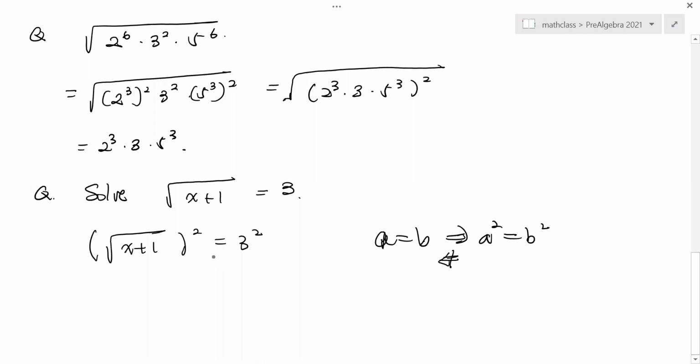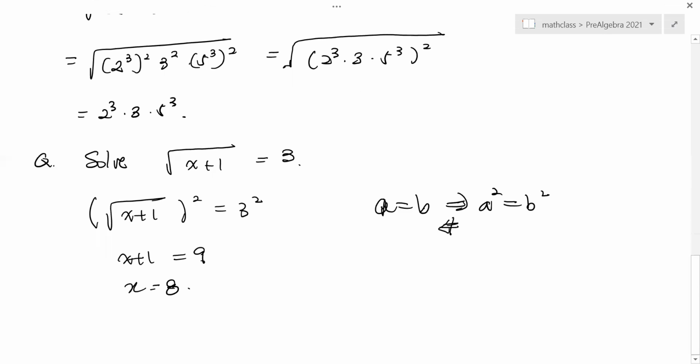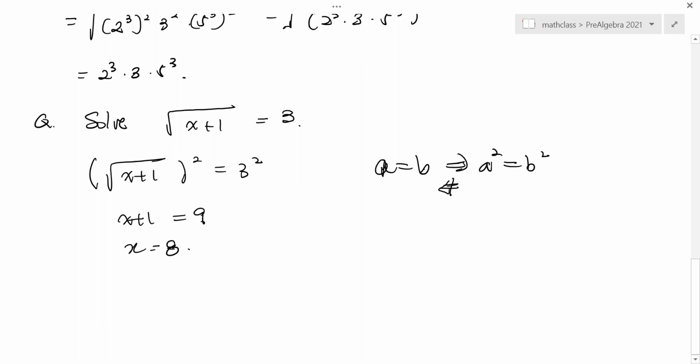Now in this case, x plus 1 equals 9, so x equals 8. We can double check. Now I have to be careful when you square both sides, because if you look at this one, the square root equals -3.